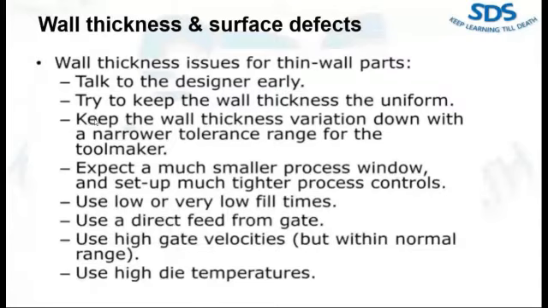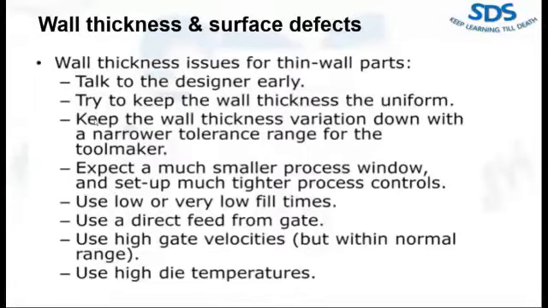And one more thing I would like to tell you: if you are increasing your gate velocity with a lower filling time, you also need to increase your machine tonnage. This is a very important thing that most die casters will forget when they are designing low wall thickness castings.